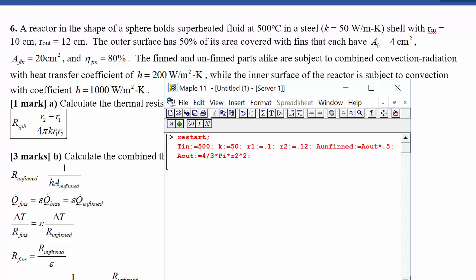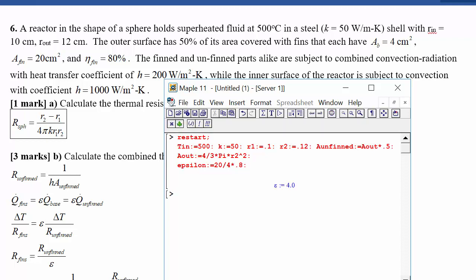And we have the effectiveness is equal to the fin area, which is 20, over the base area, which is 4, times the efficiency, which is 0.8. So that gives us an effectiveness of 5 times 0.8, which is 4. Okay, so there we go. We can have a look so far. Yeah, effectiveness of 4.